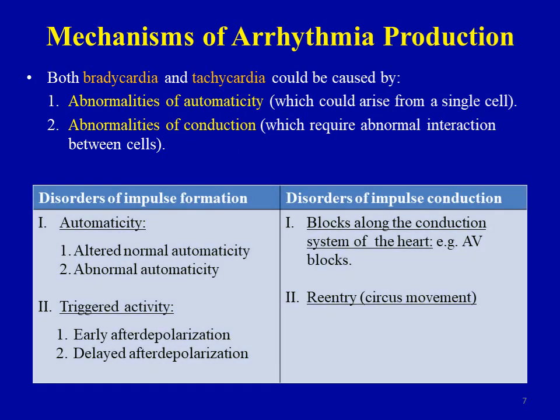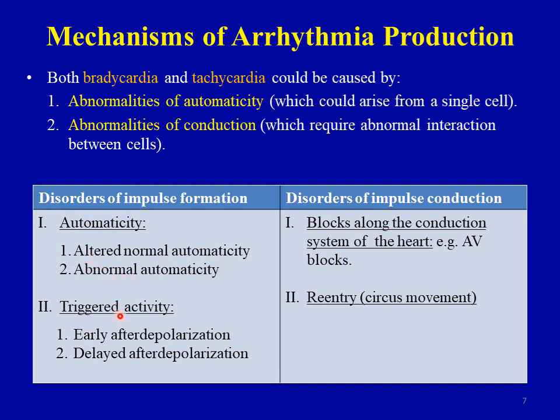And we can summarize here the causes of arrhythmias: either, as I said, disorders of impulse formation or impulse generation, and this is a problem in automaticity. For example, altered normal automaticity, where the SA node is firing too fast or too slow, or abnormal automaticity, where some other parts of the conduction system become the pacemaker of the heart.